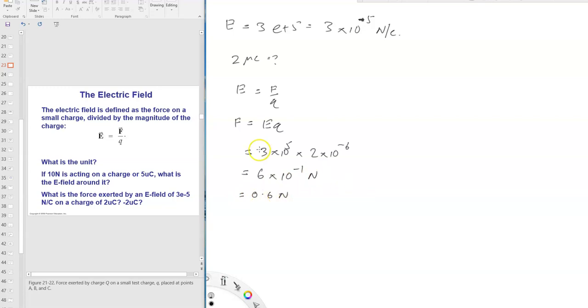So it's a positive charge. If the field is going up, the force will also be pointing up because it's a positive charge.